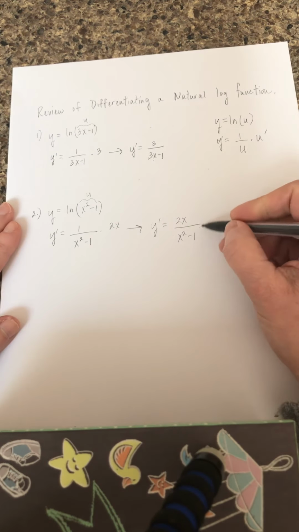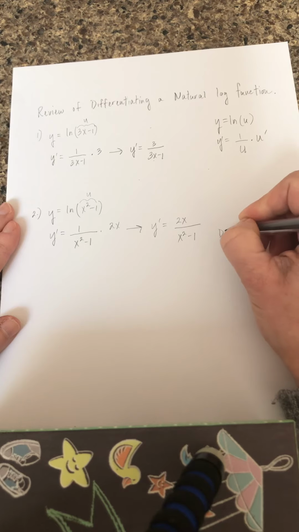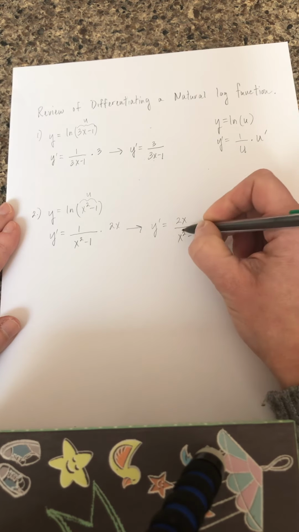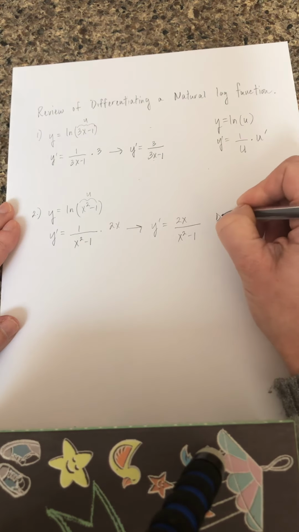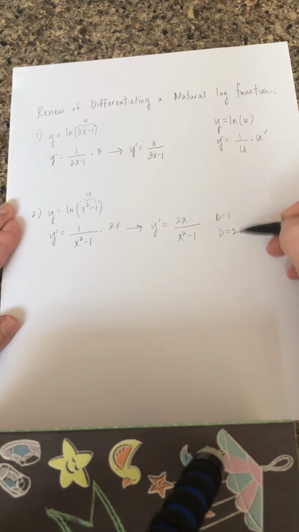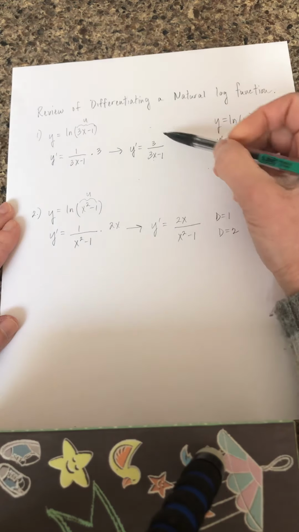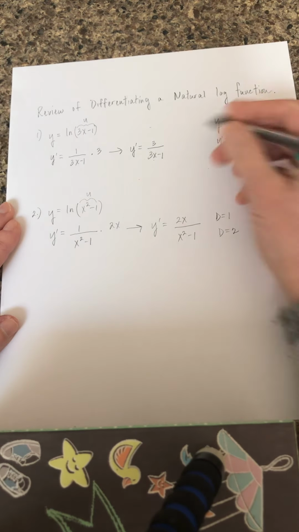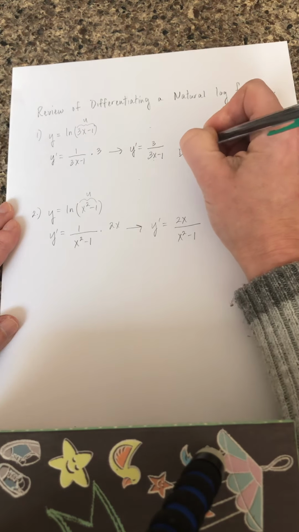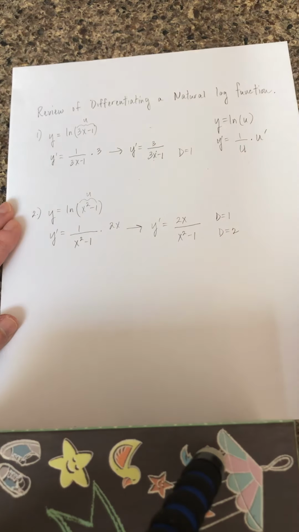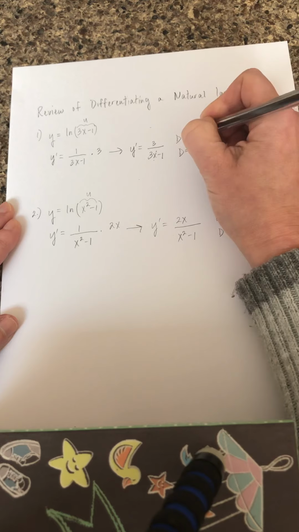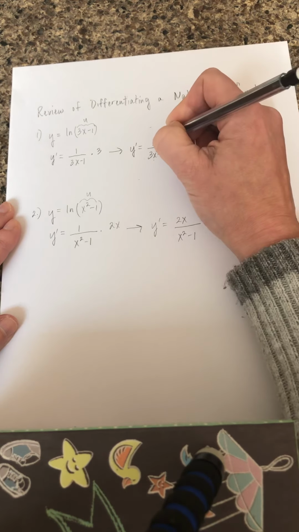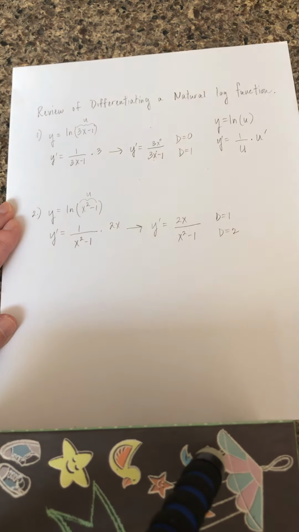So notice in this answer, the degree of the denominator was 2, the highest exponent seen on x. And here, the degree was 1. Okay, so notice that relationship. Over here, the degree of the denominator was 1, the highest exponent we see on x. And the degree of a constant is 0. And that's really because any constant could technically have x to the 0, right next to it.